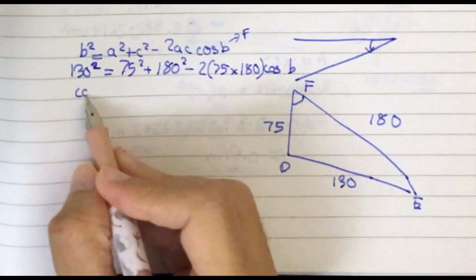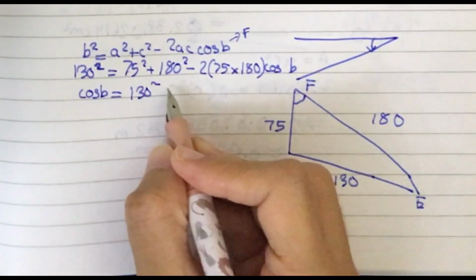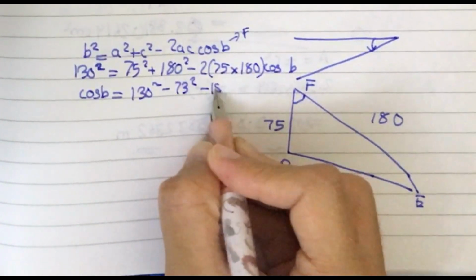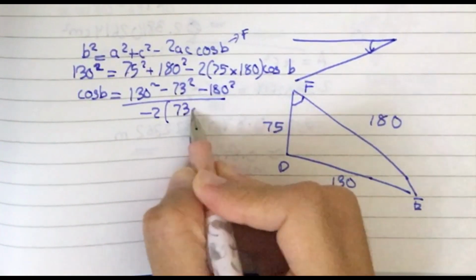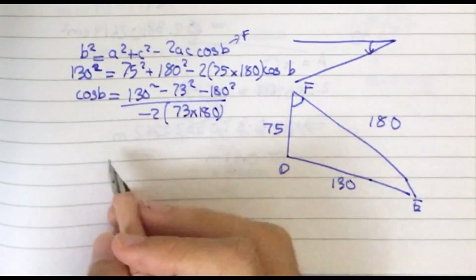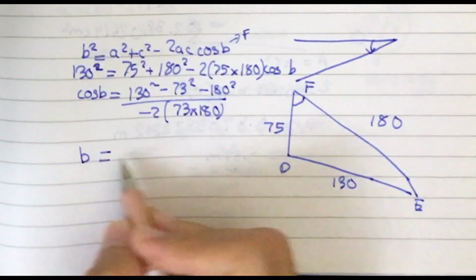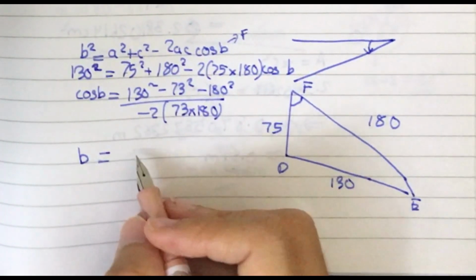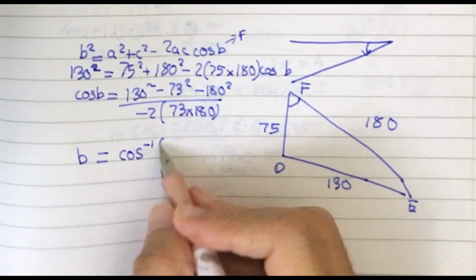So you can substitute the values. Cos B equals 130 squared minus 75 squared minus 180 squared, divided by minus 2 times 75 times 180. Then you will get the value, and you can do the cos inverse as well.